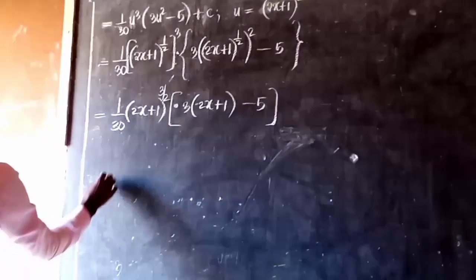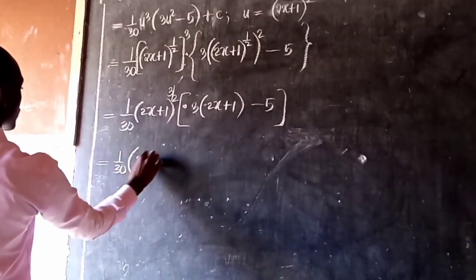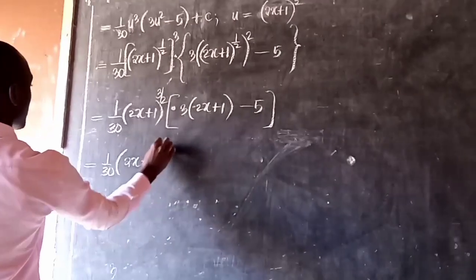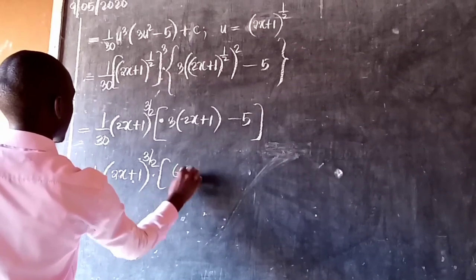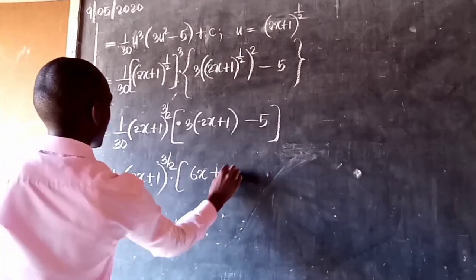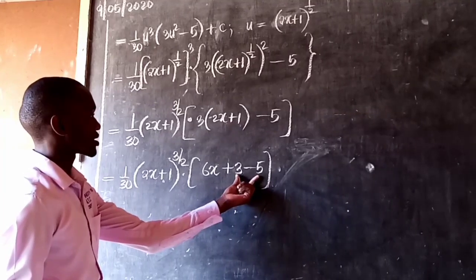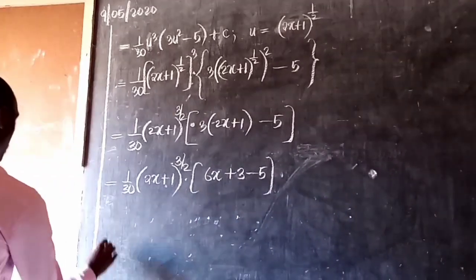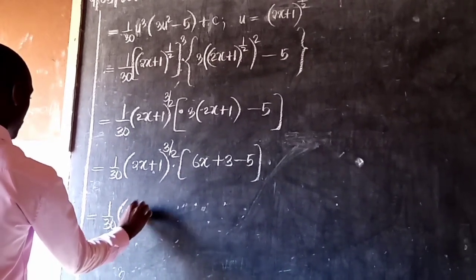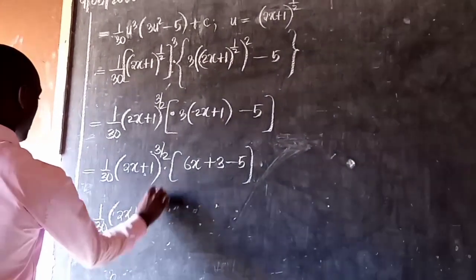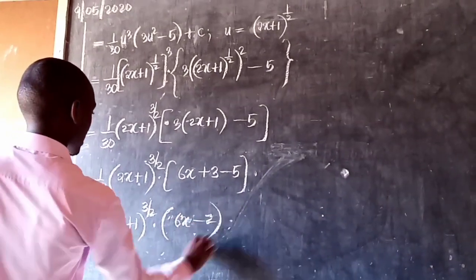And then open brackets, that is 1 over 30 into (2x plus 1) power 3 over 2 into, that is a 6x, that is a 3, minus 5. So if you're careful, 3 minus 5 gives you a negative 2, and you will say this is 1 over 30 into (2x plus 1) power 3 over 2 into (6x minus 2).